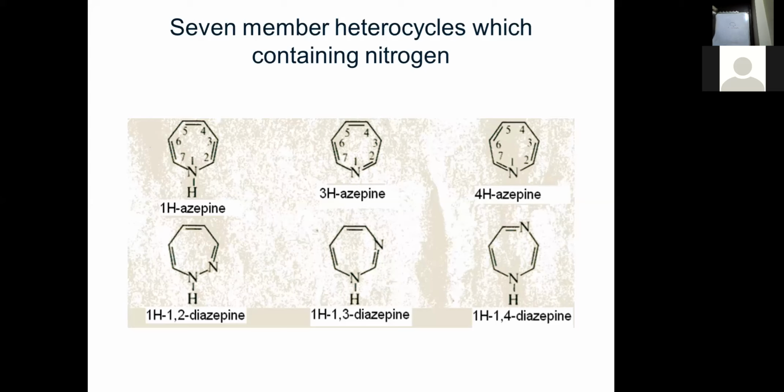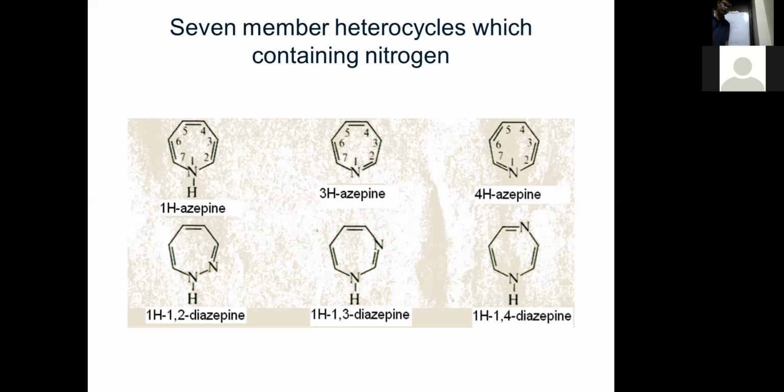That's why it is given 1,2, 1,3, 1,4. And 1H represents that the nitrogen at the first position contains an extra hydrogen atom. It is a saturated nitrogen. That's why it is known as 1H-1,2, 1,3, 1,4 diazepine. So this is the nomenclature of diazepine.